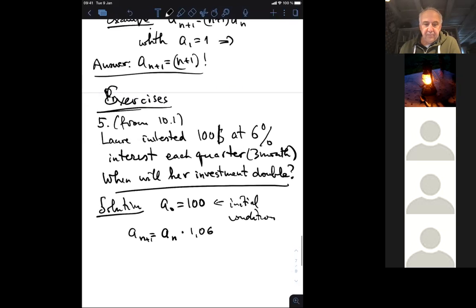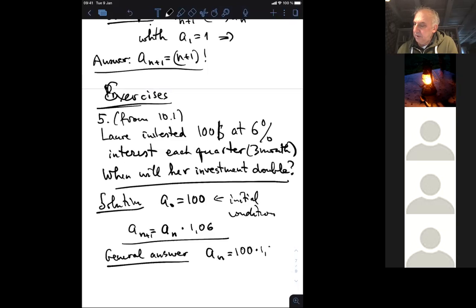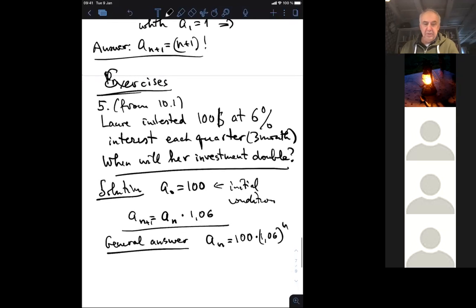Okay. So with this recurrence relation, the general answer would be, we get the geometric progression a_n equals the initial installment 100 times 1.06 to the power n, where n is the number of quarters passed since she started that.